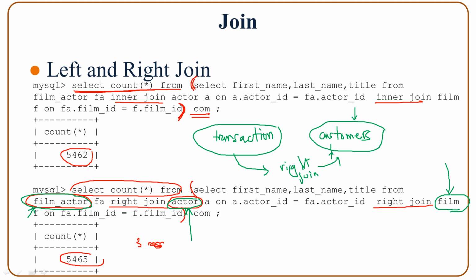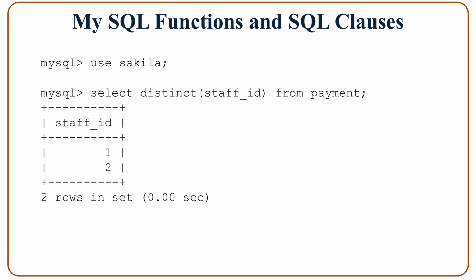Now let's look at MySQL functions and MySQL clauses. One of the functions, which is distinct, is very useful when you want to display a distinct list of unique values of, for example, staff ID from payment. In payment, there are so many records, and one staff may process multiple payments.